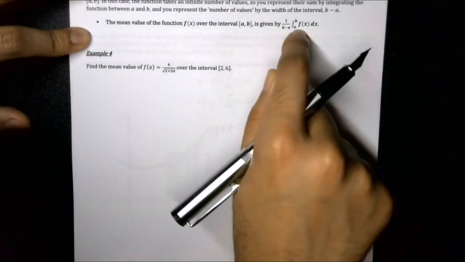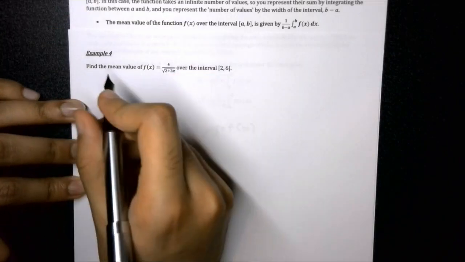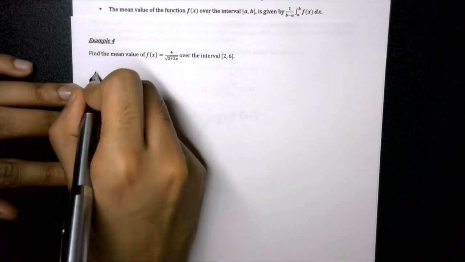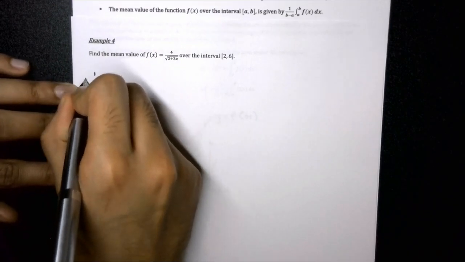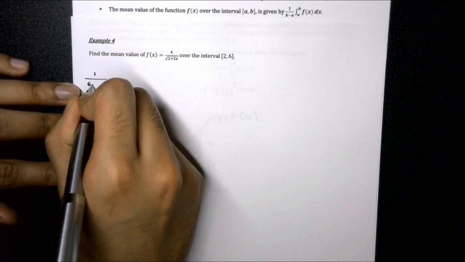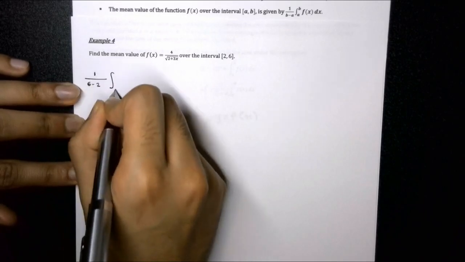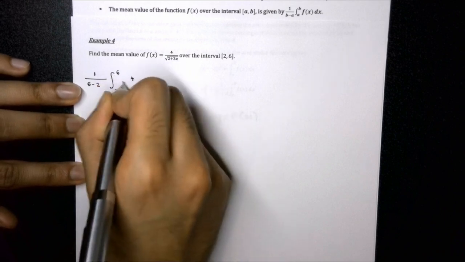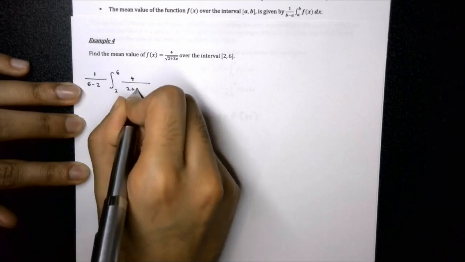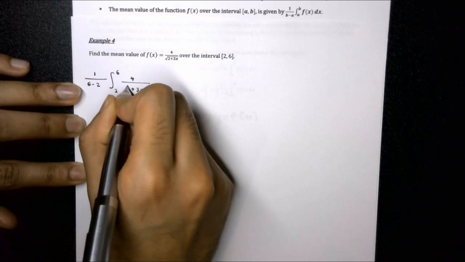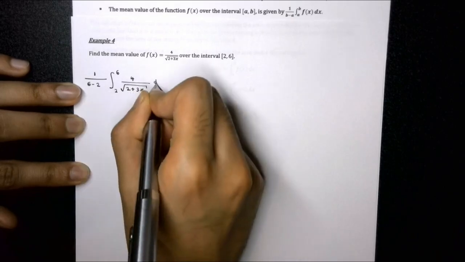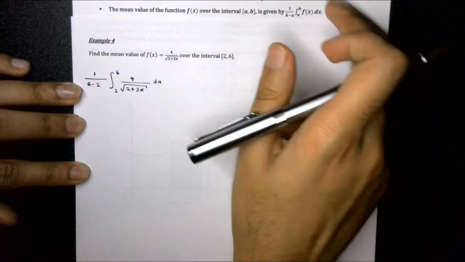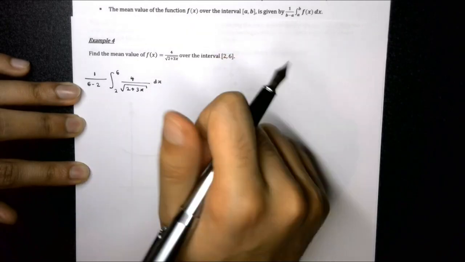So if we match everything up as we see over here, you can see we've got 1 over 6 minus 2 times the integral from 2 to 6 of 4 over the square root of 2 plus 3x with respect to x. So all I've just done over here is match this result with the information given in the question.